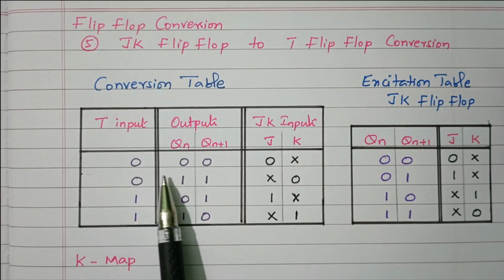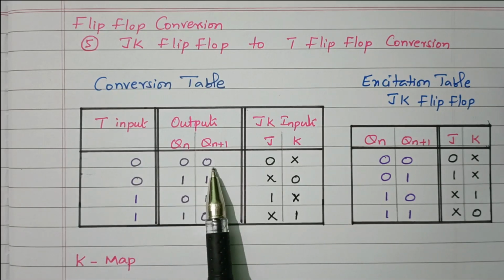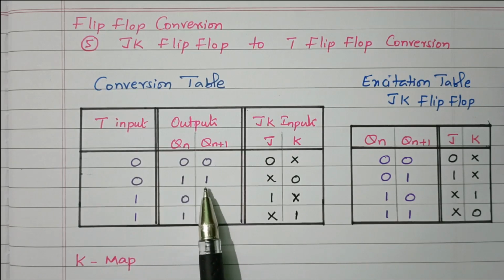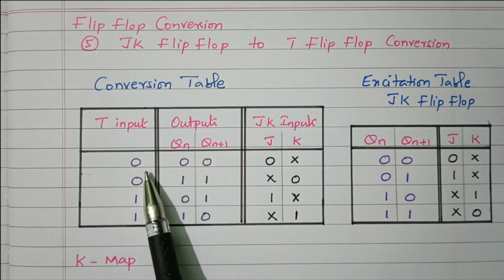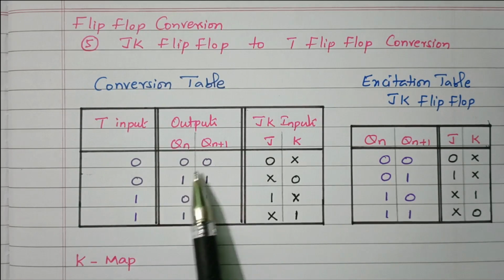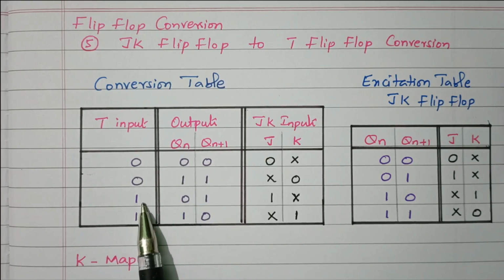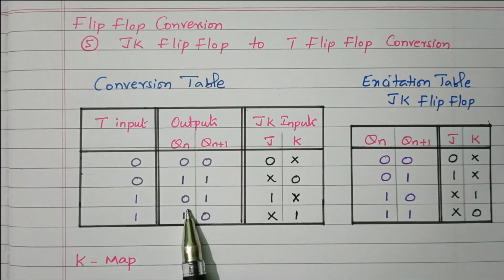If T equals 0 and the present state is 0, the next state is also 0. If T equals 0 and the present state is 1, the next state is also 1. So T equal to 0 means no change between the present state and next state. If T is 1 and the present state output is 0, the next state output is 1.